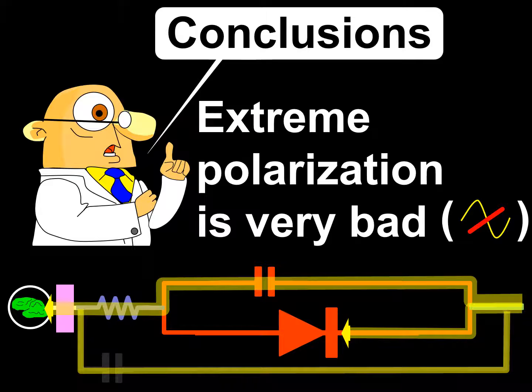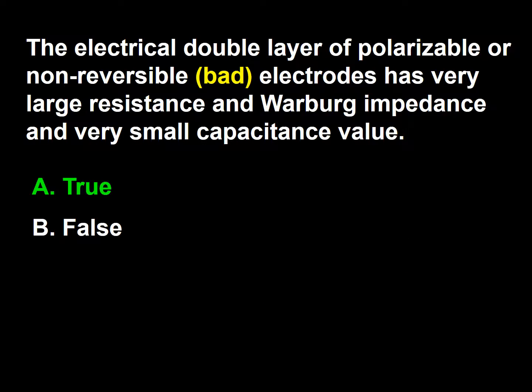In such a case, the electricity is forced to go through the capacitance leg of the parallel circuit or as a stray capacitance. So the answer to this question is A.